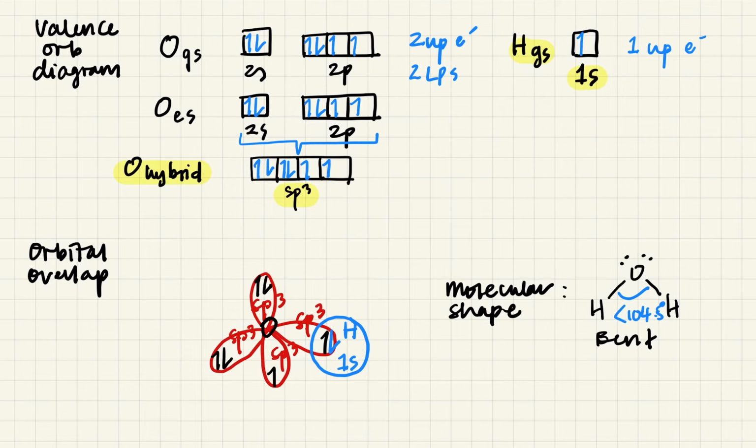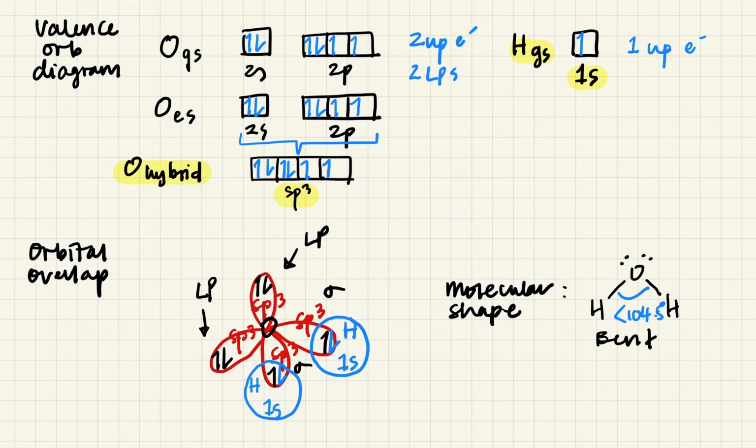So now your electron is paired. Your electrons are paired. So the other hydrogen 1s orbital now pair up. Alright? Okay. So now you have 2 lone pairs here. Lone pair, and you have 2 sigma bonds.